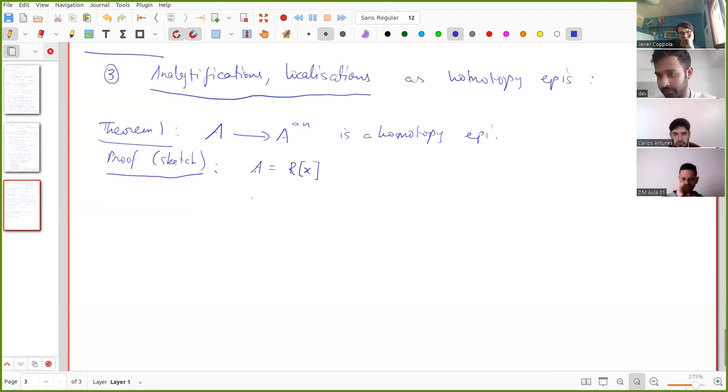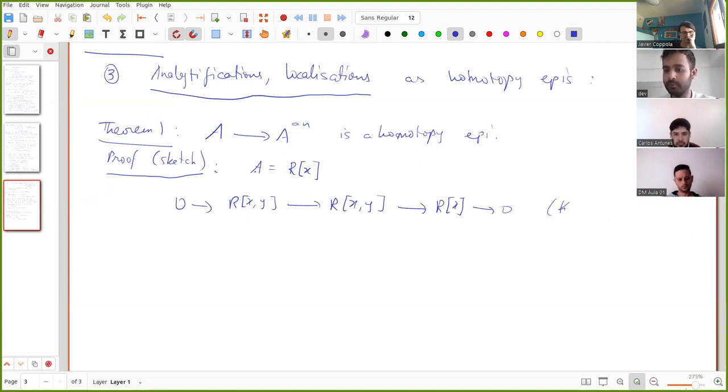Now, for polynomials in one variable, you always have the Koszul resolution, which is just A tensor A, with A tensor A, and then the diagonal map to A. So this is just the Koszul resolution. So this is a free resolution of R[X].